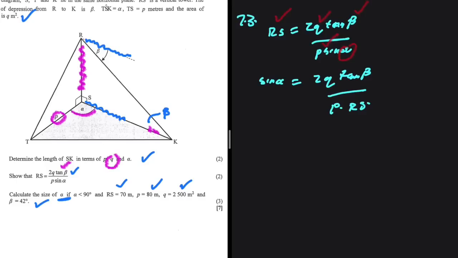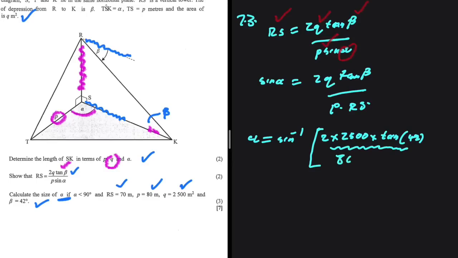So alpha is equal to arcsin of, let's substitute: 2 multiplied by Q, which is 2,500, multiplied by tan of beta, where beta is 42, and then we divide everything by P multiplied by RS, where P is 80 meters and RS is 70 meters.